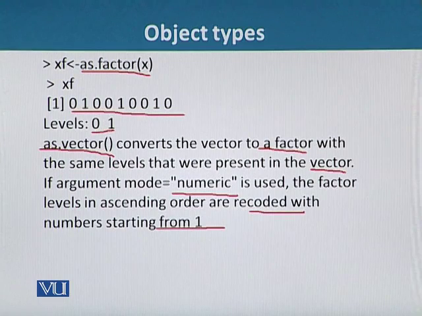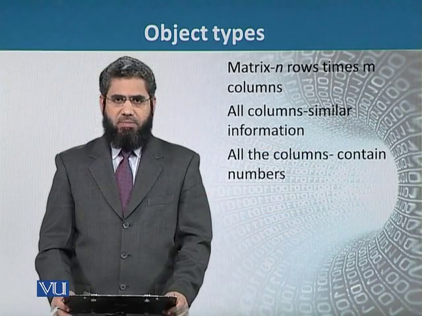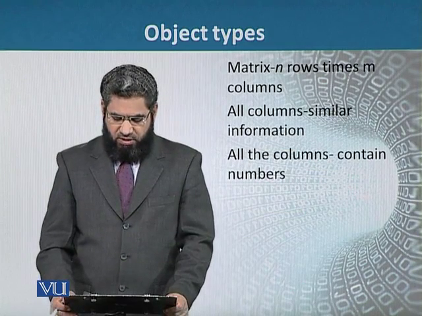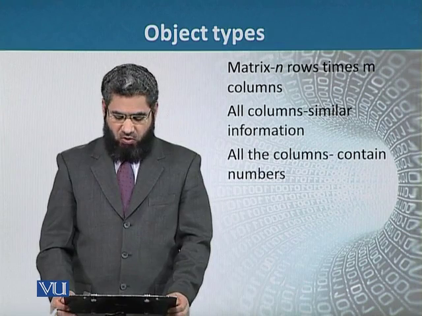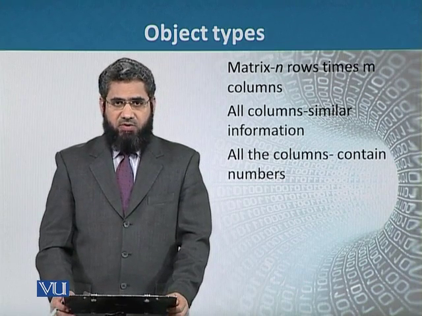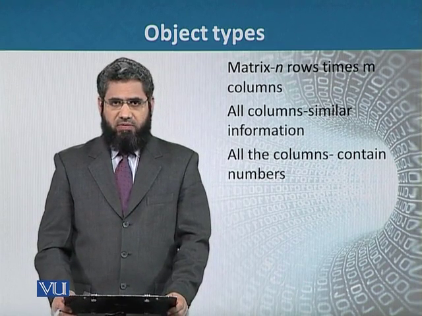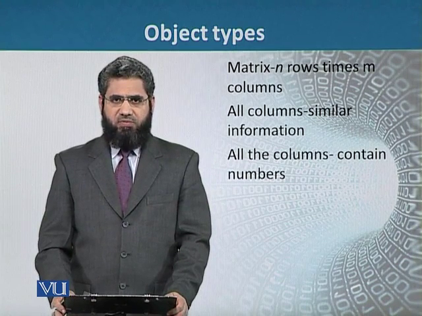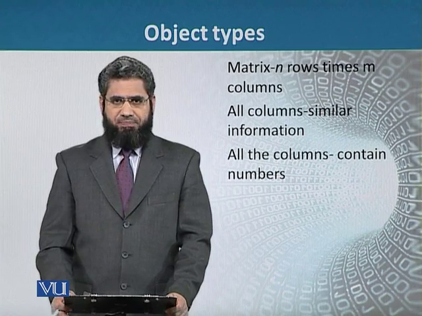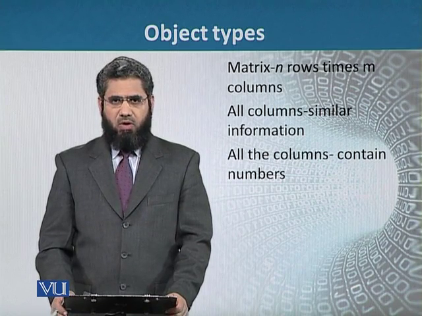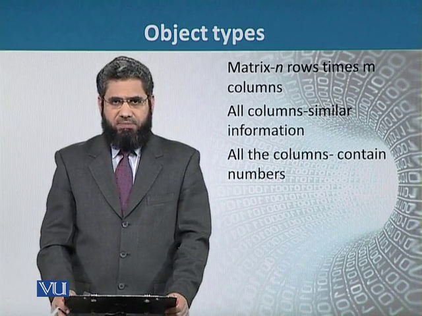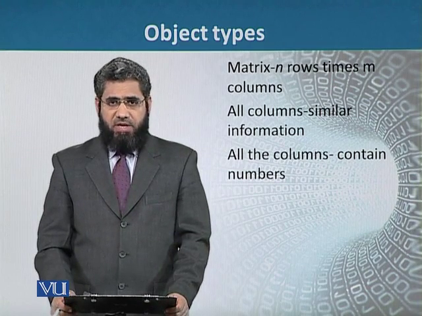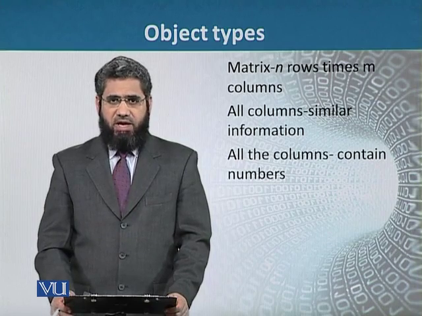Another type of object is a matrix, and a matrix is a type of table in which there are n rows times m columns. In a matrix, all the columns should have the same type of information. It means if the columns have numbers, then all columns should be numbers. In a matrix, a mix of column types cannot be used.